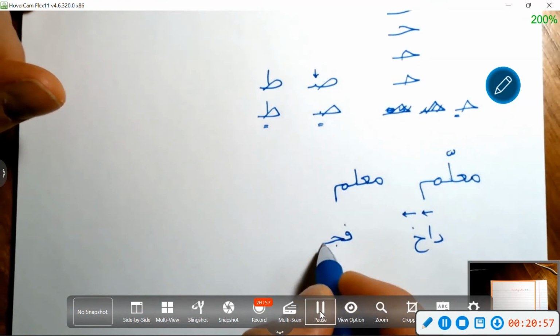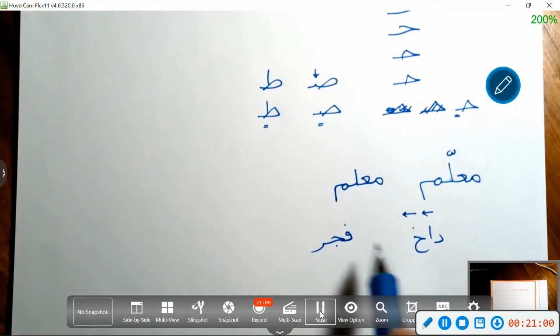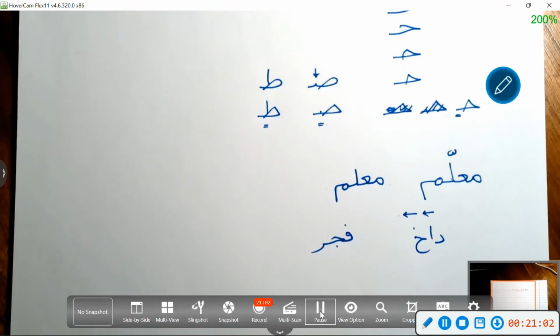The jim connects to the letter before it. Or when we said Mukhtar, mim, we connected it to the kha, to the ta, to the alif, but alif does not connect to the letter after it. So that's why the ra now stands alone. Otherwise, you see Fajr? Fajr is connected with the jim.